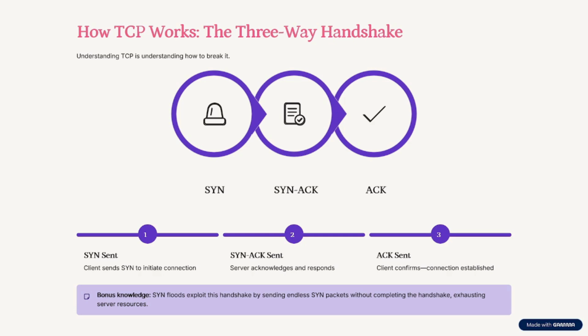Step three is acknowledgement, the ACK packet: the client acknowledges the server's sequence number. The connection is now established. Attackers exploit this mechanism using SYN flood attacks. By sending numerous SYN packets without completing the handshake, the attacker forces the server to allocate resources for half-open connections, leading to resource exhaustion.